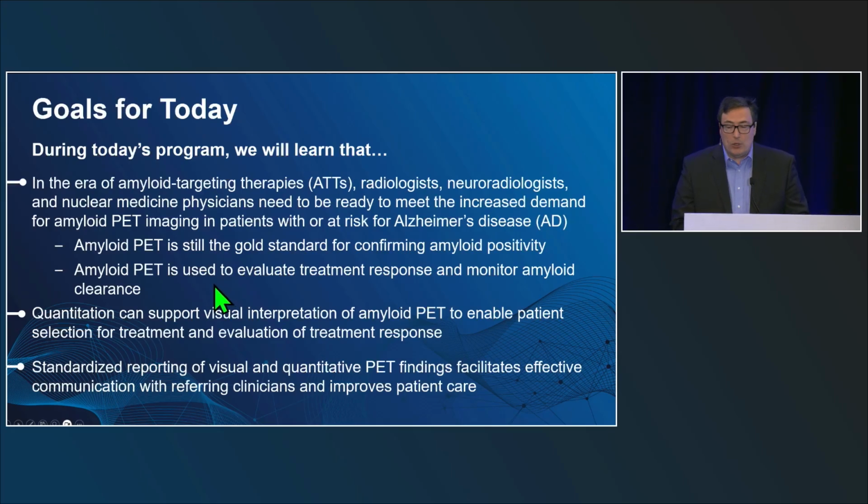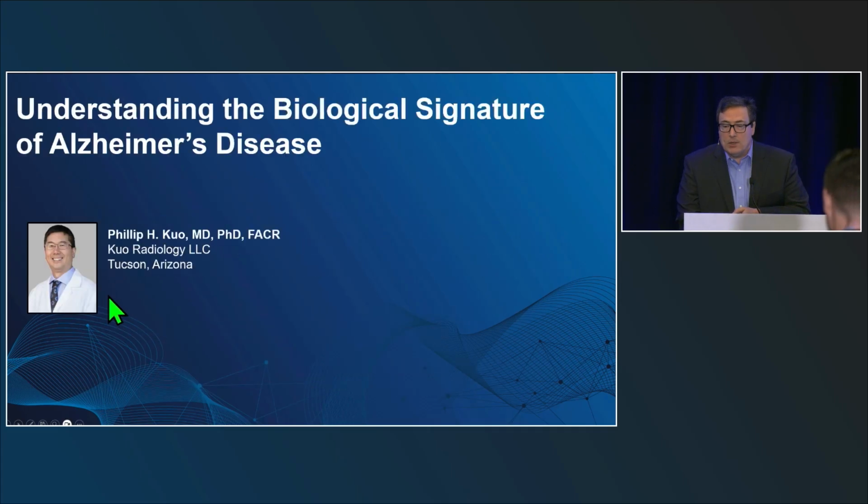It's used to evaluate treatment response and monitor amyloid clearance. And I'll be talking about how quantitation can help support your visual interpretation and monitoring response to therapy. In addition, we will be talking about how to communicate this with referring clinicians to improve patient outcomes. So with that said, Phil, take it away.